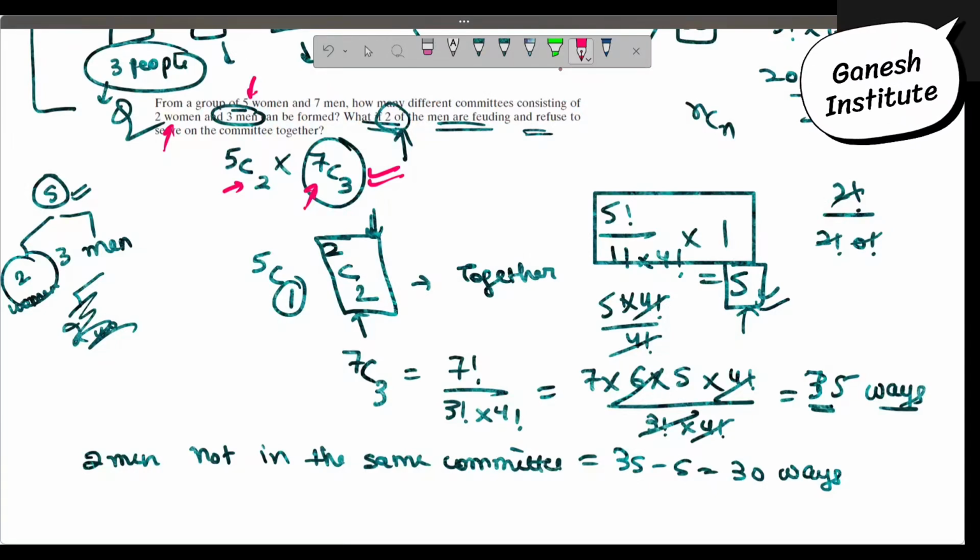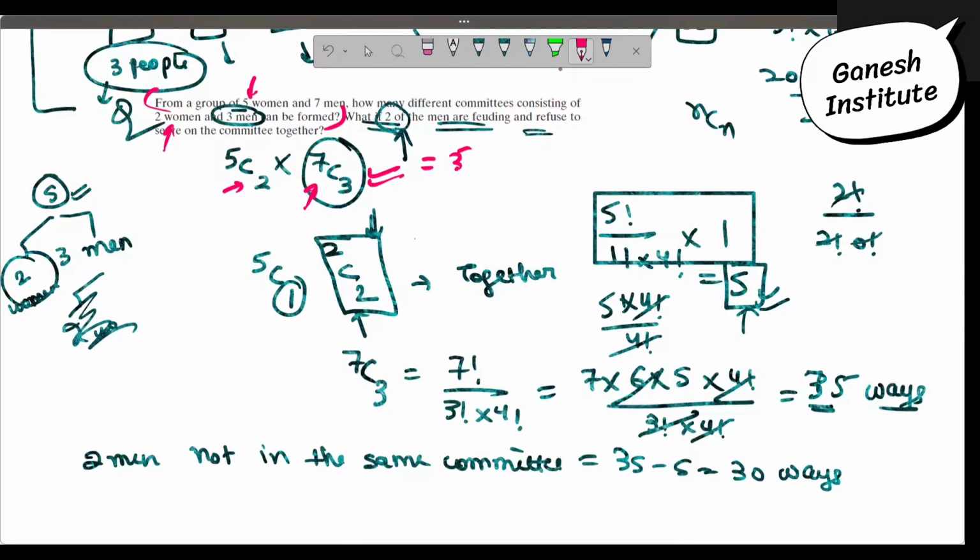So I have considered that this is the total, and the first part is done. I am hoping that till the first part you are okay. Now, the second part is saying that 2 of the men cannot come together. So for that, I need to remove them from the arrangement of men.